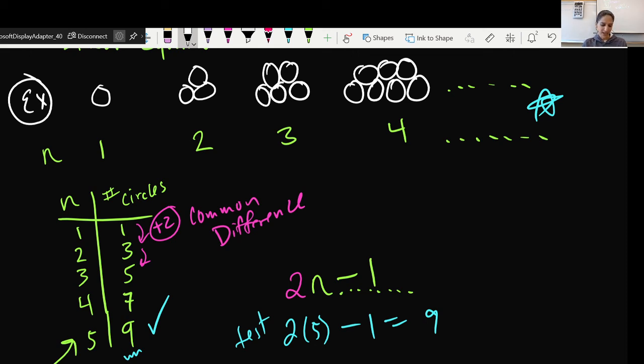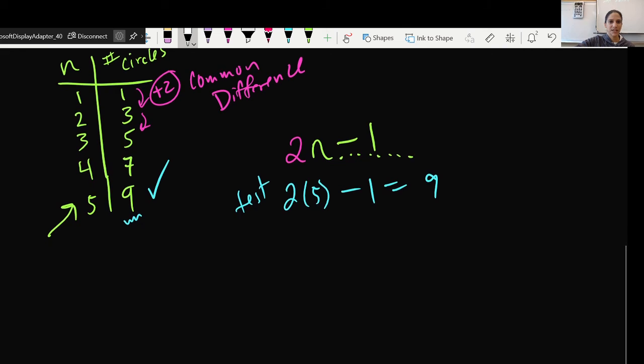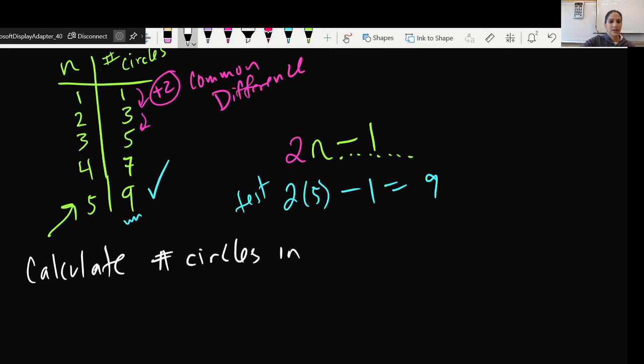Okay, so let's look at the second part of this. Let's say we want to know, I'm going to move this up and we can use this. We want to calculate the number of circles in figure 100. Can you think of a way for us to do that in a nice, easy, straightforward manner?